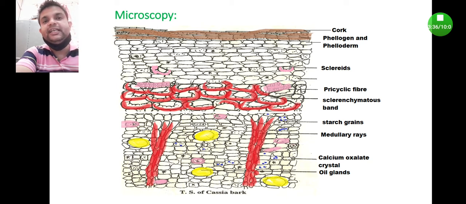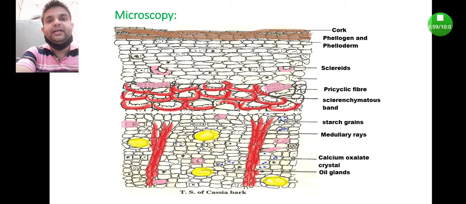Its shape is brick shape with U-shaped thickening. It consists of lignin. Due to the presence of lignin, when we stain with phloroglucinol and HCl in 1:1 ratio, it gives pink color. So the entire region, the sclerenchymatous band, will appear pinkish in color. This is one of the important identification features of Cassia bark. Moreover, you will also observe the pericyclic fiber.